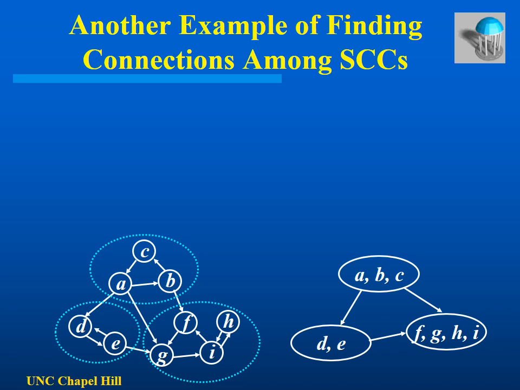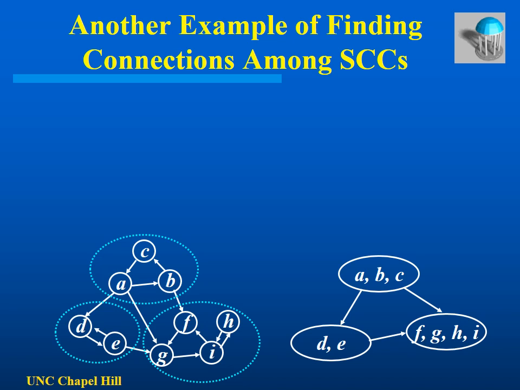But we will also have found that the reverse of the arcs between A to D, A to G, and B to F will have caused restarts in the second depth-first search on the reverse graph.